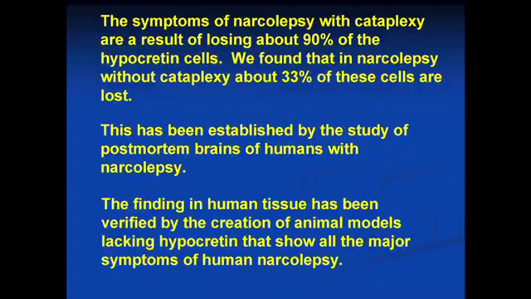In a subsequent paper, we found that about a third of these cells are missing in narcolepsy without cataplexy. And these findings require analysis of human brain tissue, of normal human brain tissue, and the brain tissue of people with narcolepsy.